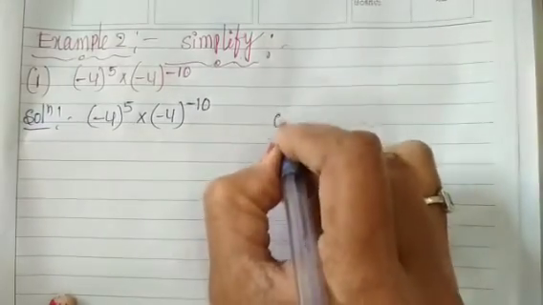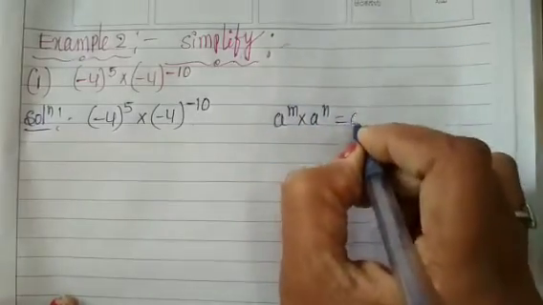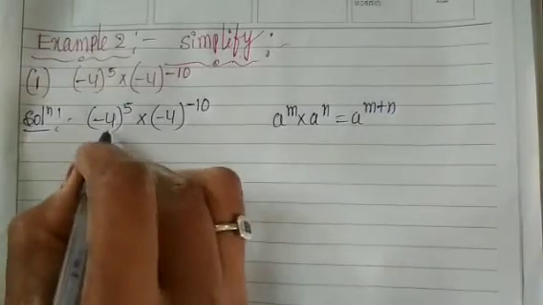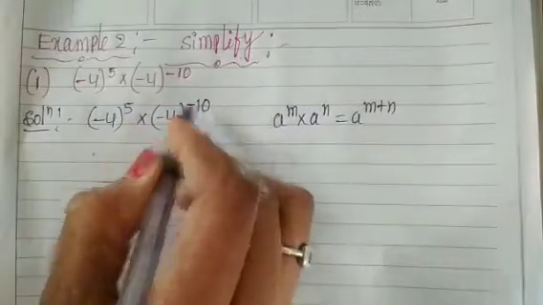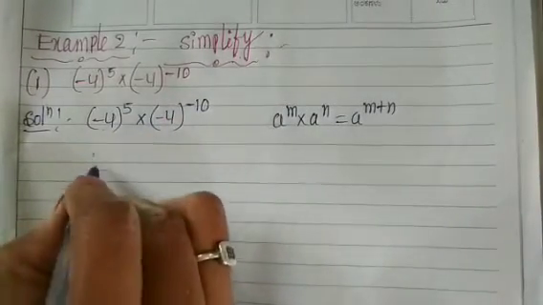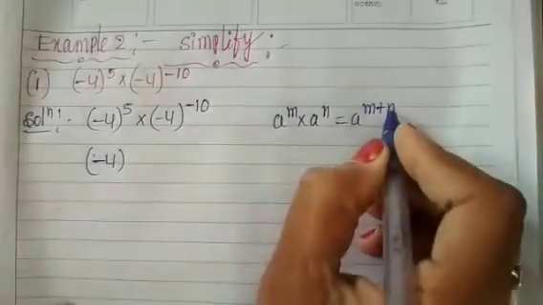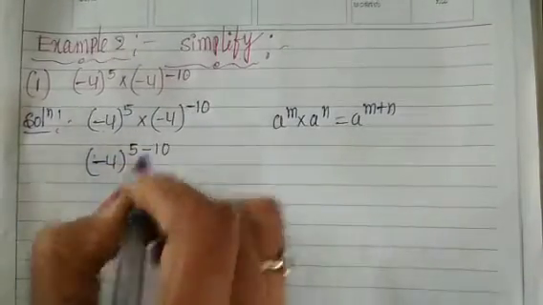The first one, a to the power m into a to the power n is equal to a to the power m plus n. This one is m and n. We take a to the power means minus 4, to the power m plus n means 5 minus 10.